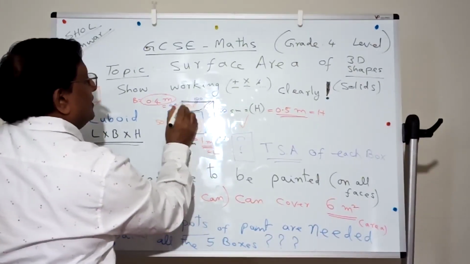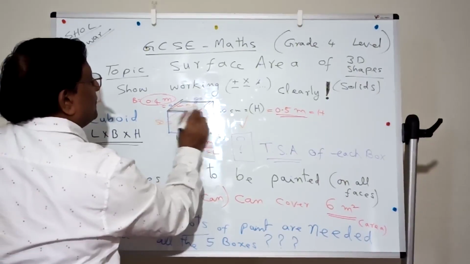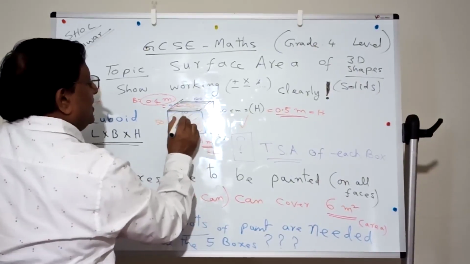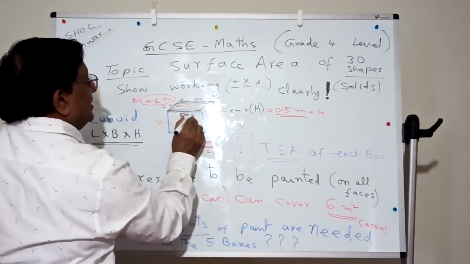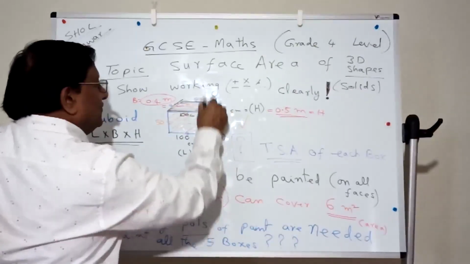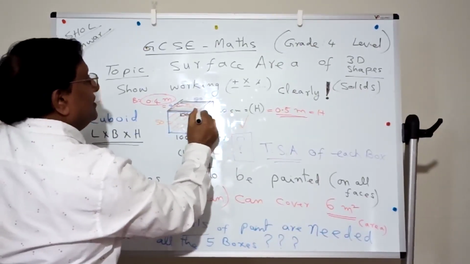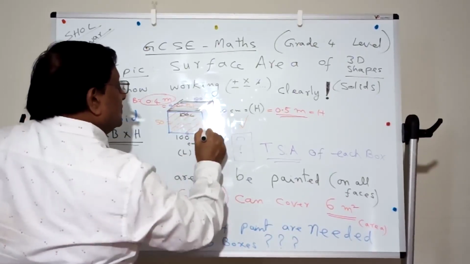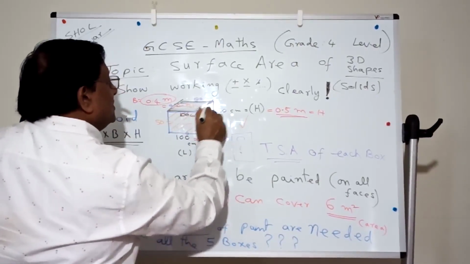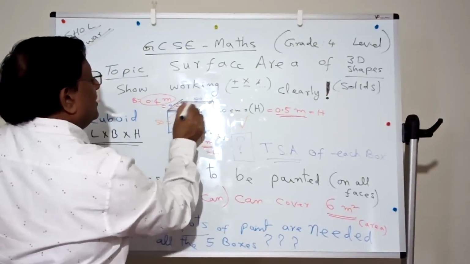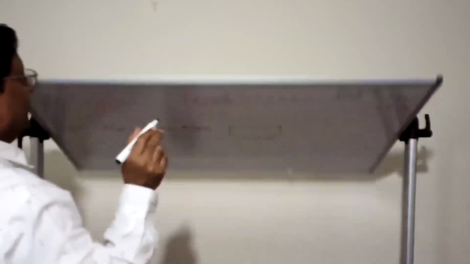This rectangle is having the 100 centimeters here and this is 40, not 50. Don't simply take 50 just because it's seen nearby. This is 40, which is equal to this 40. So this 40 by 100 is the top surface.